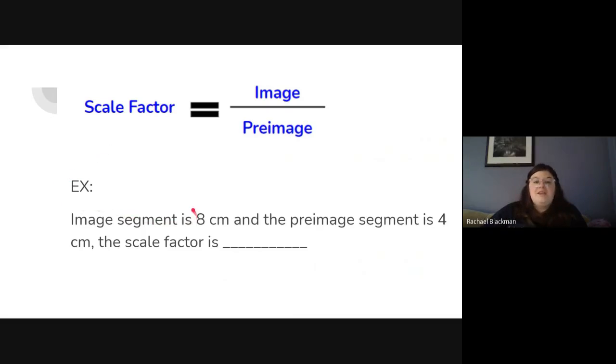So I'm going to take that 8 centimeters, divide it by my pre-image, which is 4 centimeters. 8 divided by 4 is 2. Scale factor here is 2. And that just kind of makes sense. If you started with a segment that was 4 centimeters, you multiply by 2, obviously your image is going to be 8 centimeters.